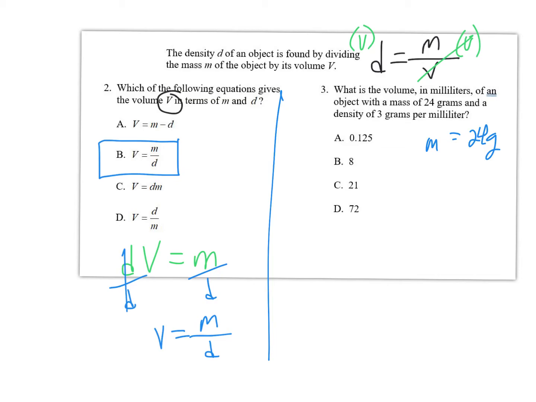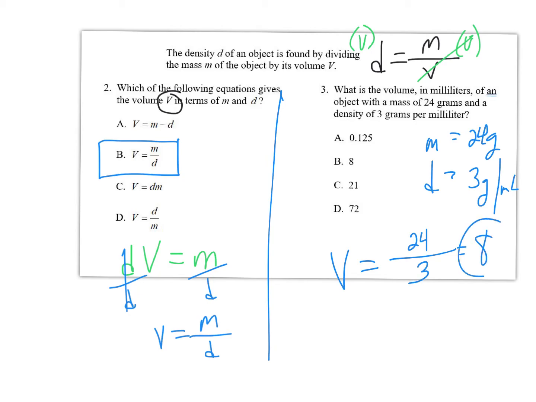Okay, so finding the volume, using our formula, v equals the mass, which is 24, divided by 3 grams per milliliter. You should get 8. So that is the answer.